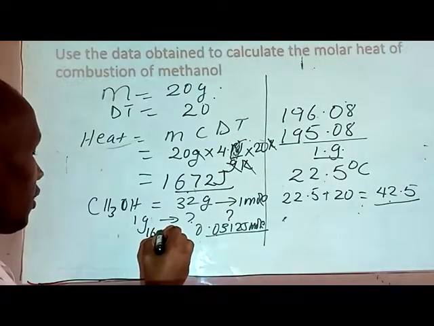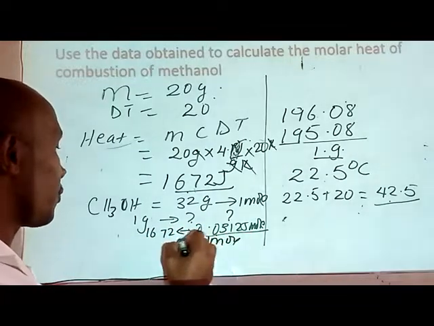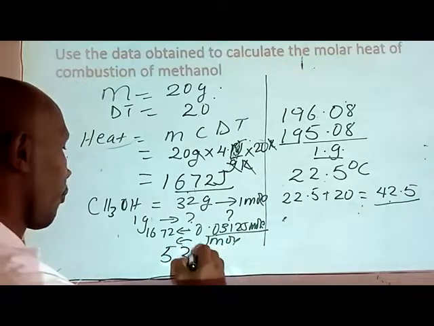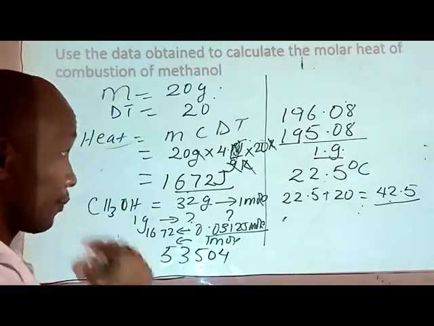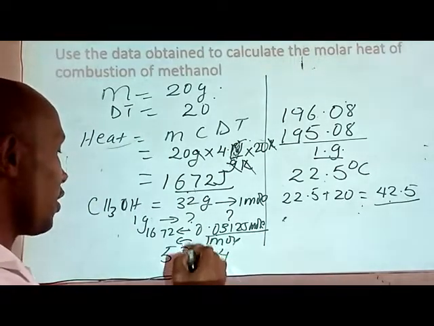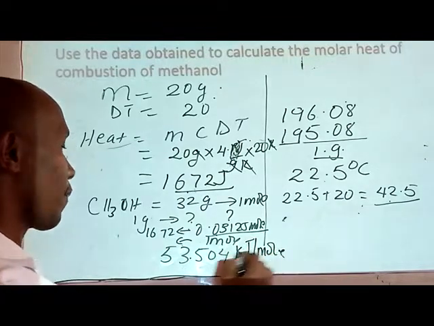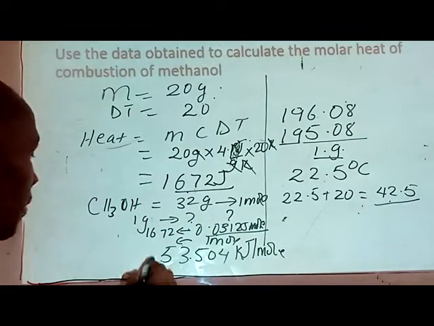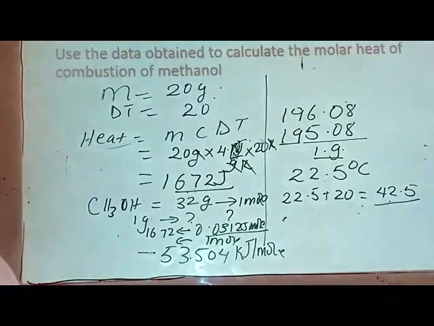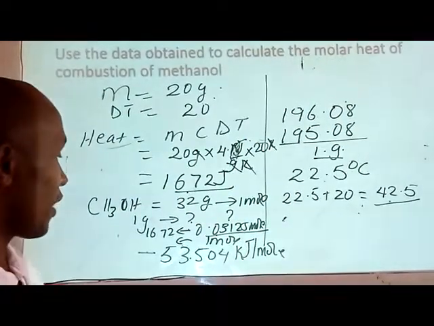So 1672. What about 1 mole? So that amount of energy in joules, kilojoules per mole. What is the sign? It is negative. There is an increase in the temperature of the surrounding.